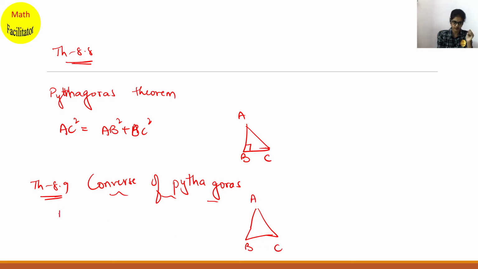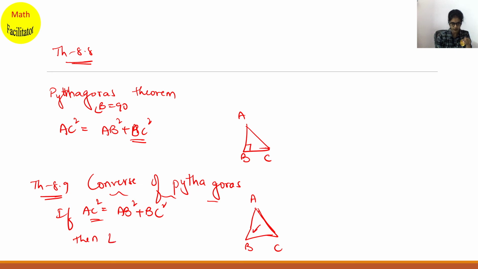If AC square, the square of one side, is equal to the sum of the squares of the other two sides, then you can say that the angle opposite to this side AC, what angle do you have? Angle B. So angle B is 90 degrees, or I can say that ABC is a right angle triangle.